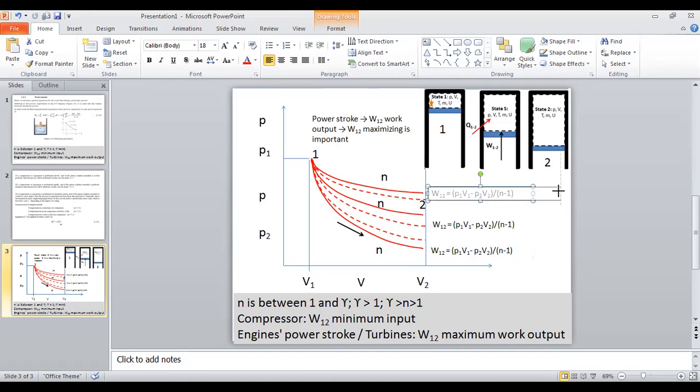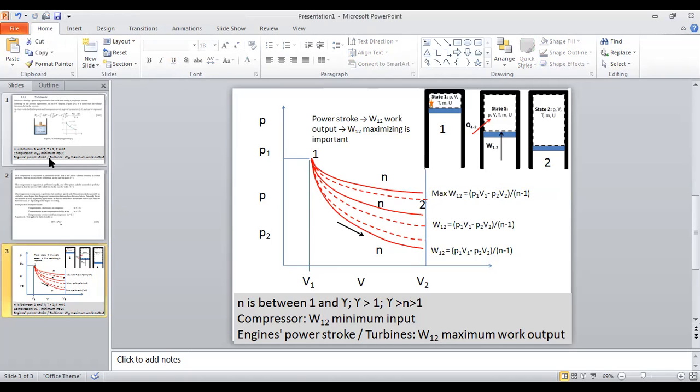So if I put here the maximum, because you can see the bigger area underneath. Let me show you that as well.